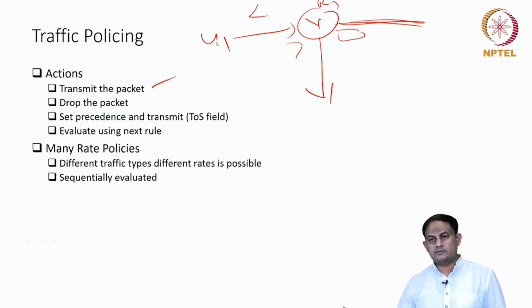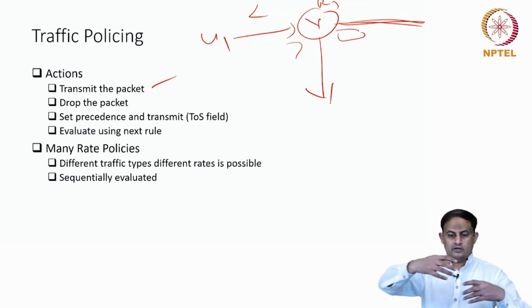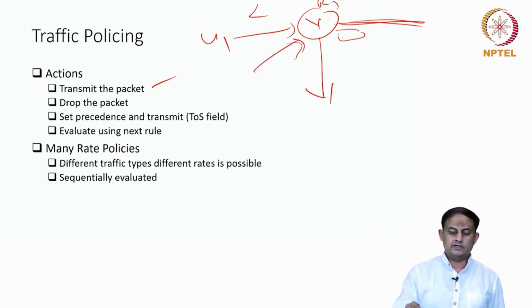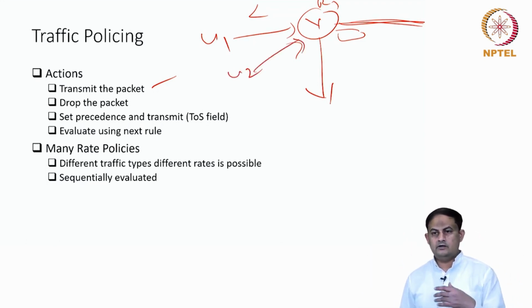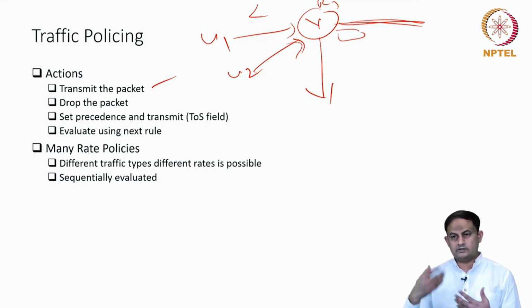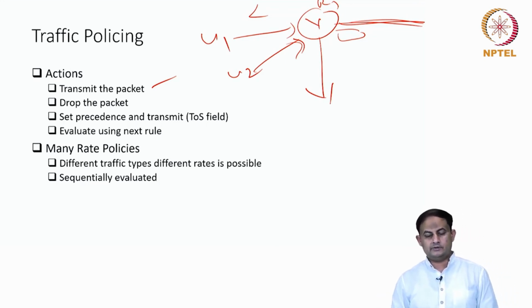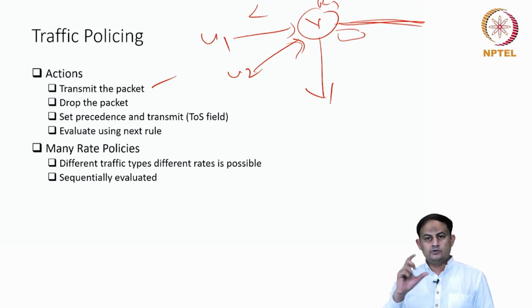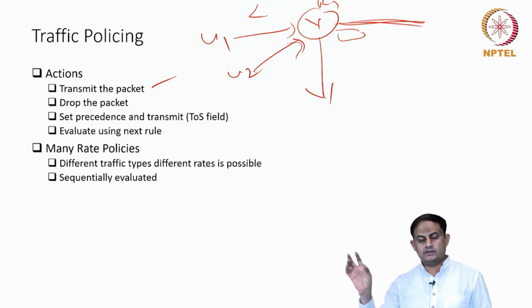The policing itself can be done for a bunch of users transmitting to this router. They are separated, or a different set of rules is defined for each of them, user 1, user 2, and you can apply those rules at the router. So, user 1's traffic is going at a certain rate, user 2's traffic is going at a different rate; that is possible.